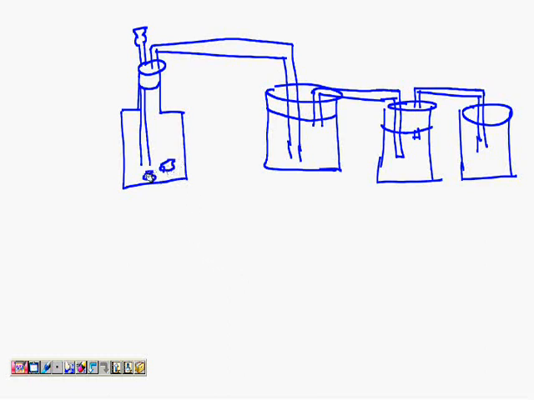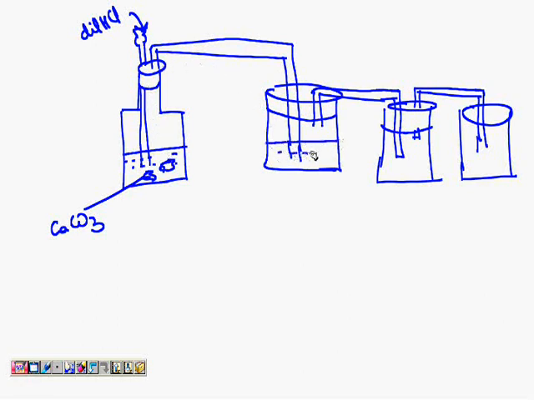First, I'm going to take small marble chips, which are CaCO3. Now from the thistle funnel I'm going to pour dilute HCl, that is hydrochloric acid. Obviously you should take the precaution that the thistle funnel end is dipping inside the acid, otherwise all the carbon dioxide will go out from there.